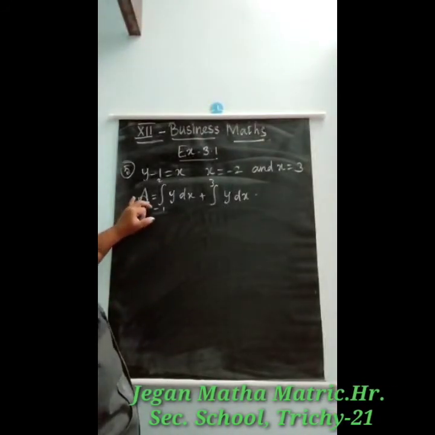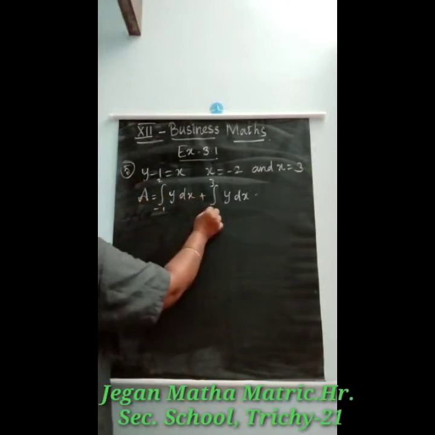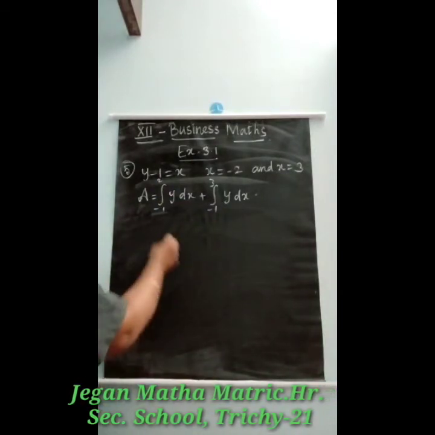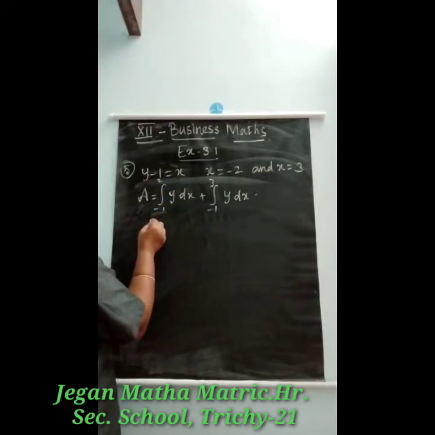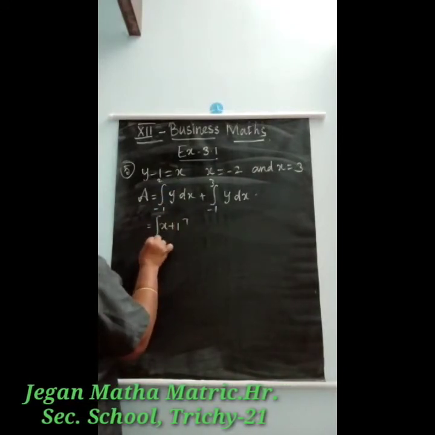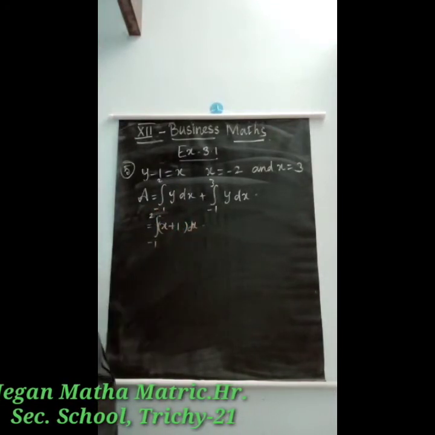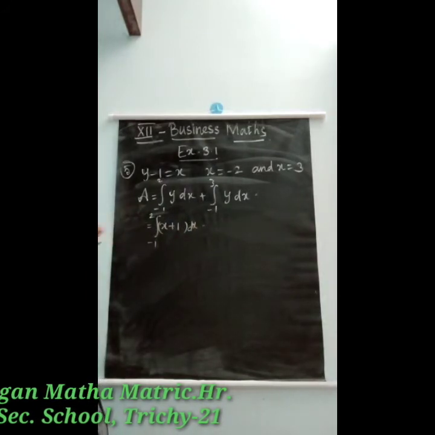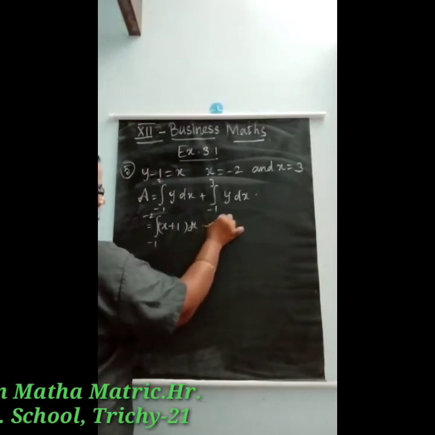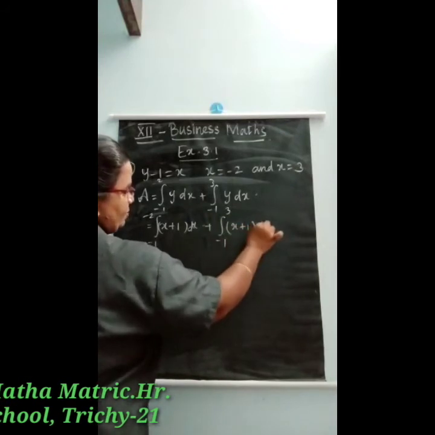Now A is equal to the integral of minus 2 to minus 1 of y into dx plus the integral of minus 1 to 3 of y into dx. Now y is equal to x plus 1, so that is the integral of x plus 1 with limits minus 2 to minus 1 into dx, and then plus the integral of minus 1 to 3 of x plus 1 into dx.